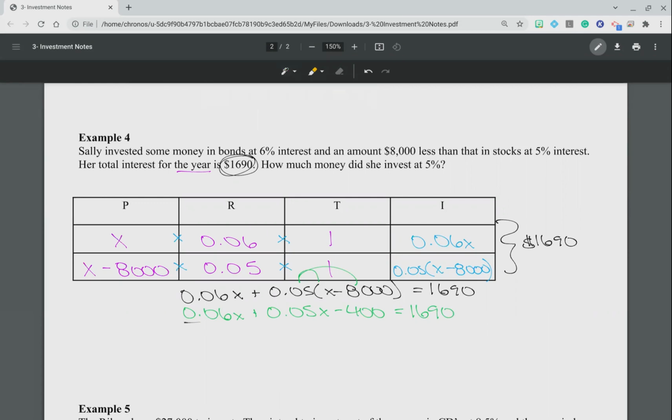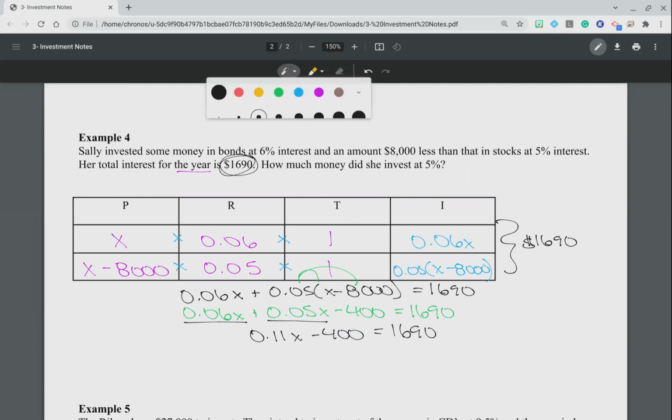Let's combine like terms. Here's an x and here's an x. So we're going to go ahead and add those together, and I get 0.11x minus 400 equals 1,690. Add 400 to both sides.